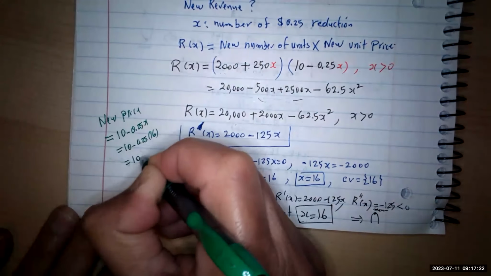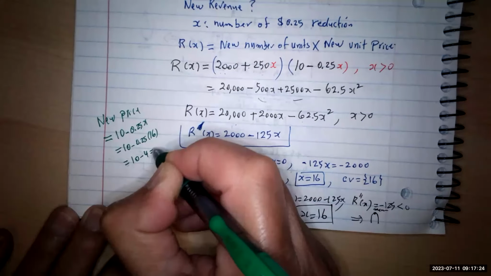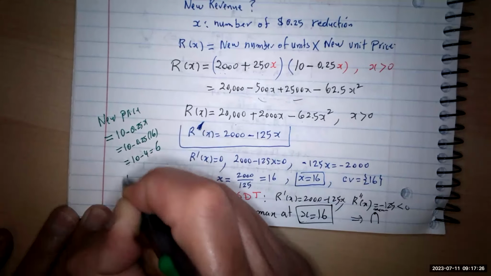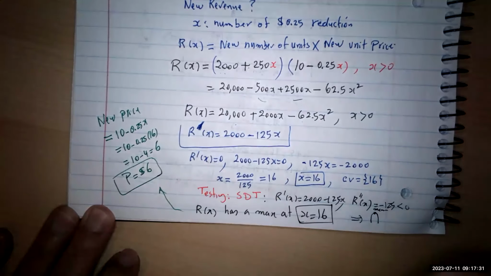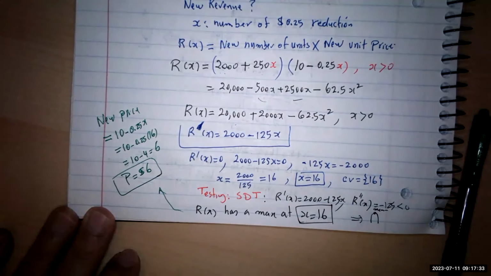So it will be 10 minus 4, which is 6. So the new price must be $6 to make sure that you are going to make money. They usually ask for the price, not the maximum revenue.